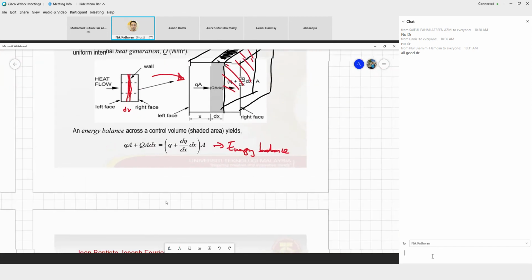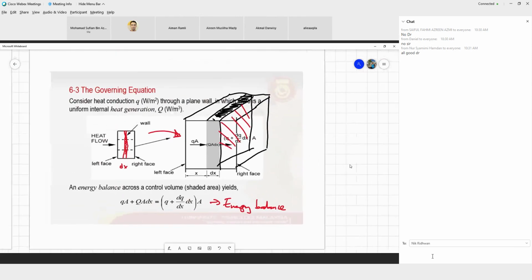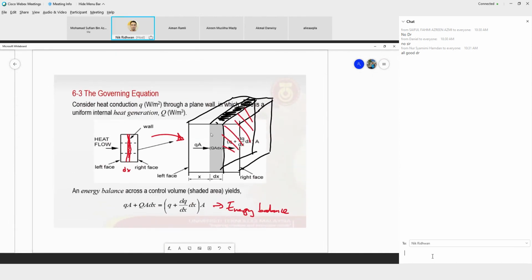In this case, since we are considering the small segment dx for these strips here, we can obtain how much energy is generated within these strips. But of course, we are not solving a small strip here. We may have several strips.